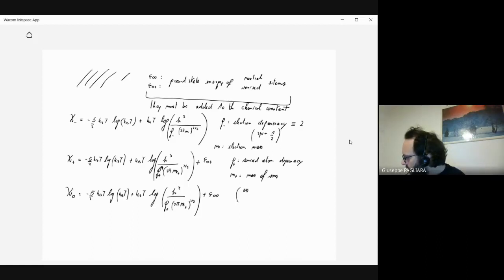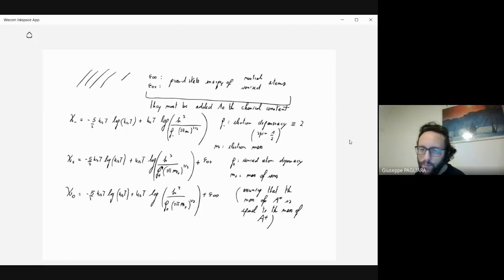Here I'm assuming that the mass of H0 is equal to the mass of A plus, which means that we are neglecting the contribution of the mass of the electron to the total mass, which is rather safe as an assumption, okay? And we have introduced here the degeneracy of neutral atoms and the ground state energy of neutral atoms.